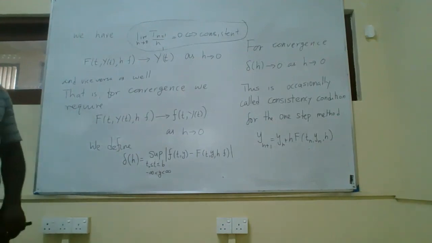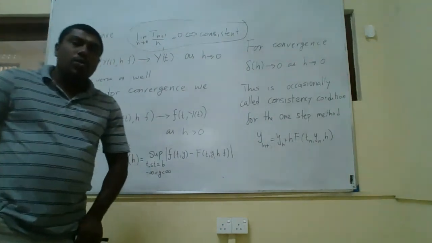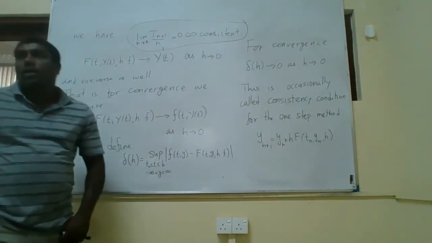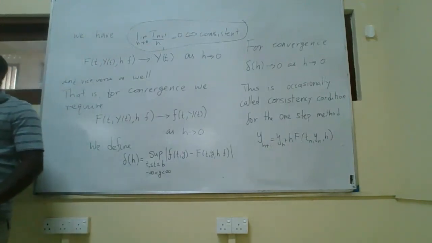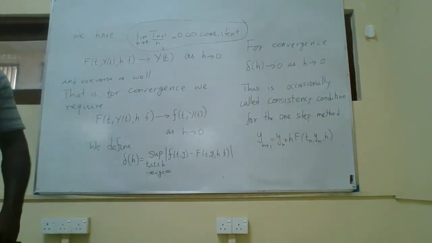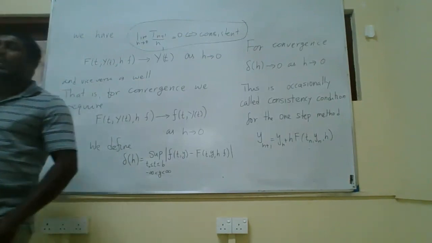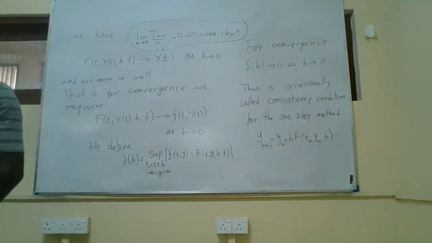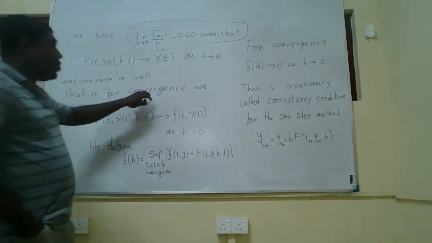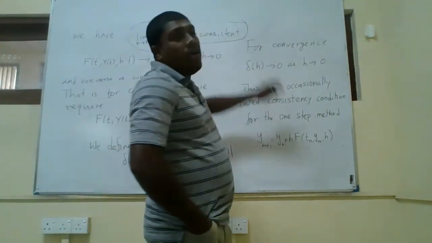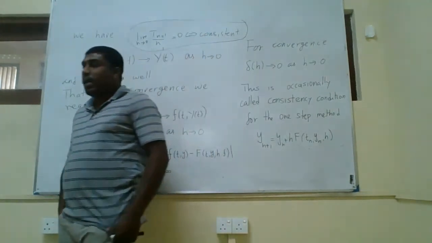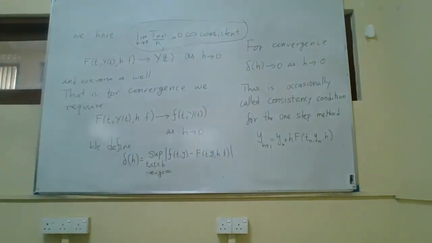So you know that in linear multi-step method also, consistency and zero stability are the necessary and sufficient conditions for the convergence of the method. So here also, you can see that in order to show the convergence, we need to have consistency first. And so that is one of the conditions we can develop. Right.